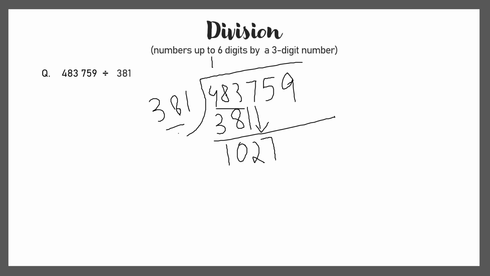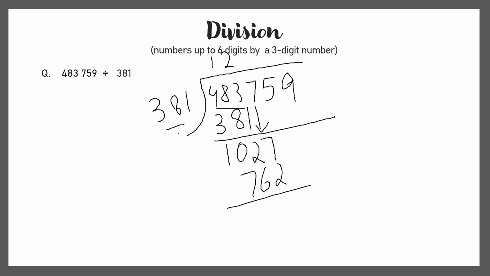So let's do it with 3. 381 with 3, it will be 1143. So this is greater. It means that we will have to do it with 2. Okay, so 381 2s are 762.